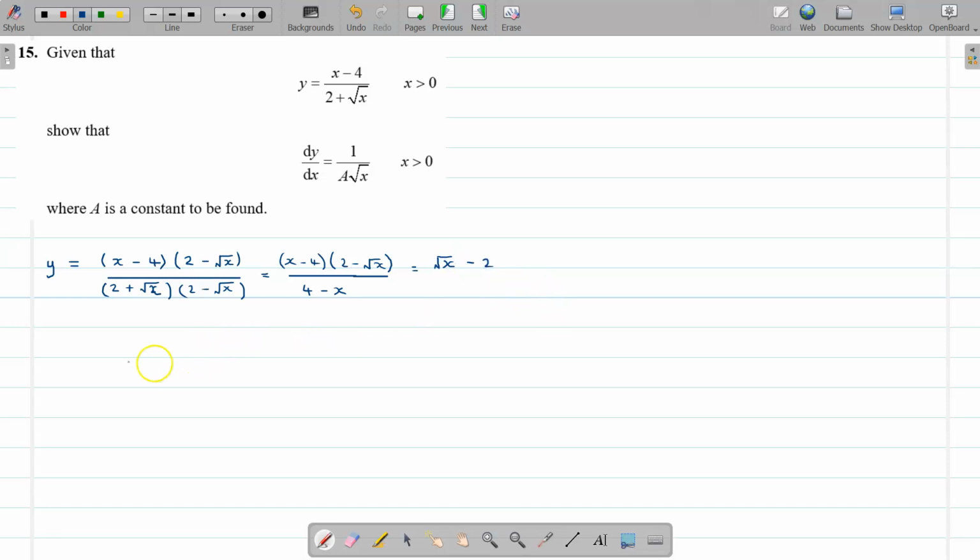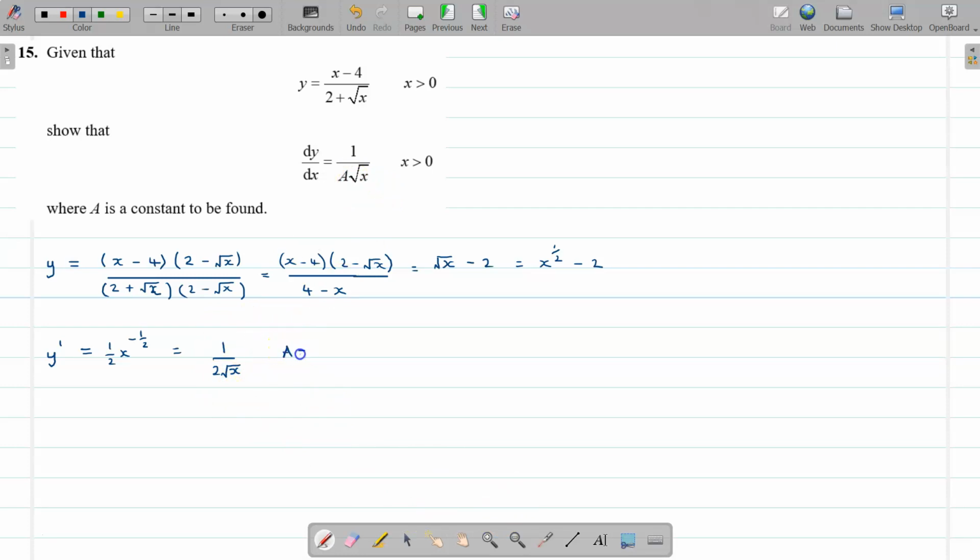But then if you swap these terms over, you've got that y is simply root x minus 2. And that's easy to differentiate. So dy by dx is equal to the differential of, I'll write it as x to the half minus 2, which is a half x to the minus a half, and the 2 just disappears, and that's therefore equal to 1 over 2 root x, which is much easier than any of the methods, and that's your answer, and capital A is therefore 2.